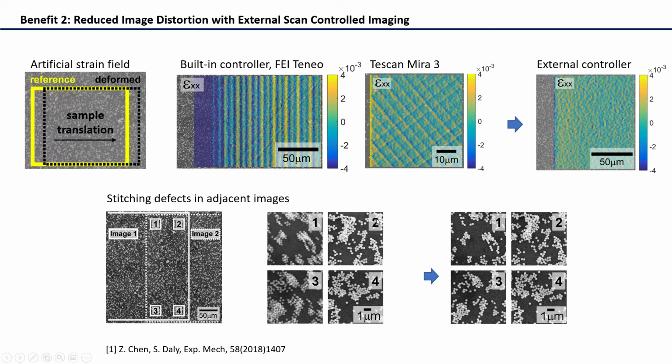For example, when features on windows 2 and 4 are overlapped well, then you may find a relative shift of these feature positions on windows 1 and 3. And with the external scan controller, such type of distortion may also be significantly reduced.